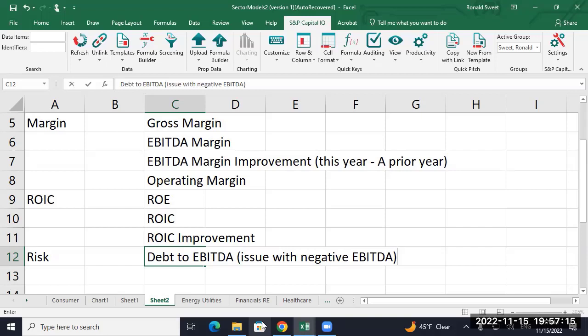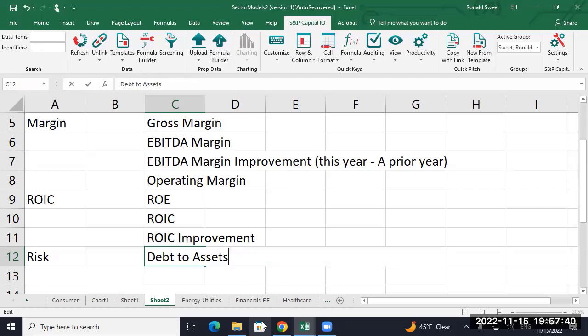So how could you change this so that it's not a negative number? We could do debt to equity, but what's the problem with that? Equity can be negative as well. What's a number that you could use that's never negative? You could do debt to assets.